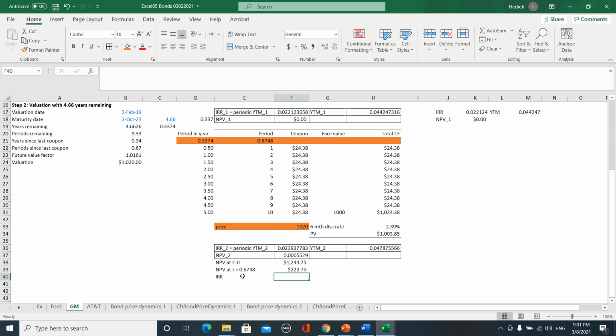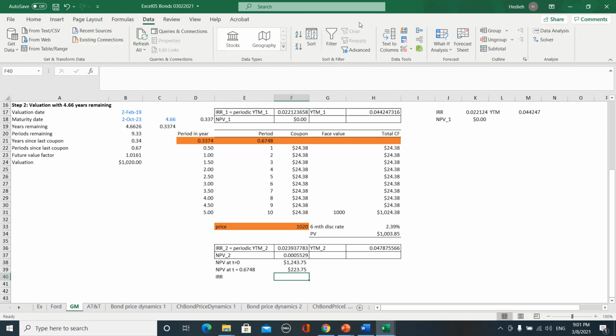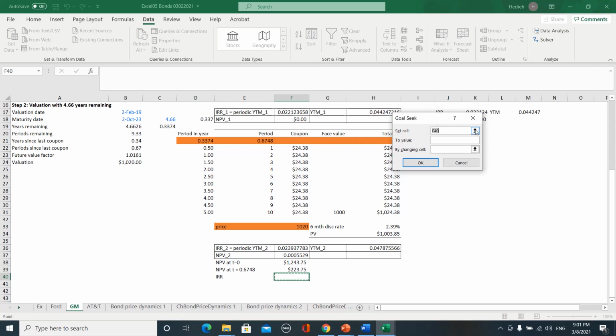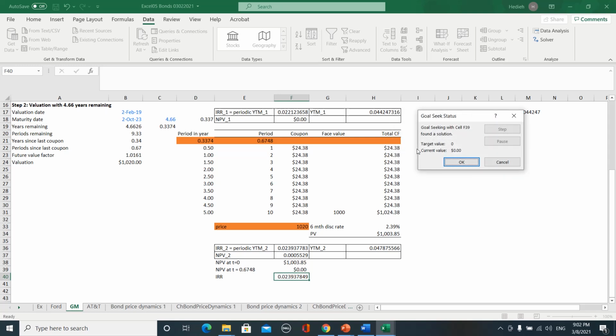Now we want to find this discount rate. So you go to the data tab, you go to what-if analysis, you choose the goal-seek function, and then you set the cell that is your NPV. You want to set your cell equal to 0. You want to find a discount rate that makes your NPV equal to 0 by changing which cell? The cell that is your discount rate. And then you should click OK.